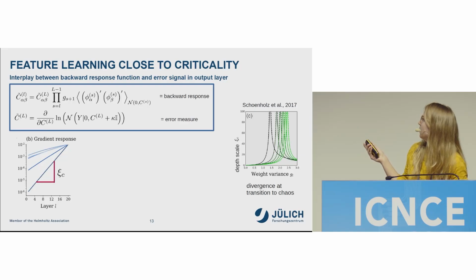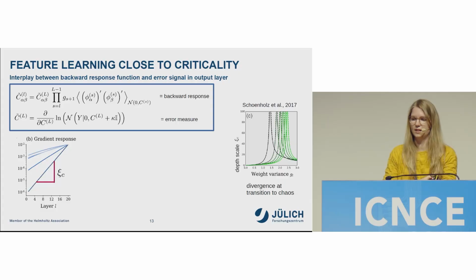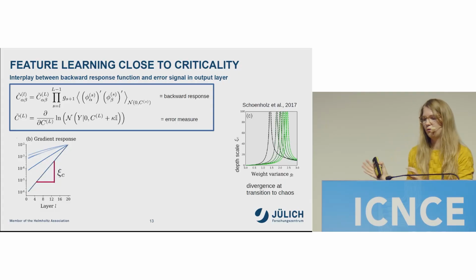And that was for networks only at initialization, and the conclusion was that initializing networks at this transition to chaos is beneficial for training, because then these curves essentially become flat, and the signal can propagate backwards to very deep layers.